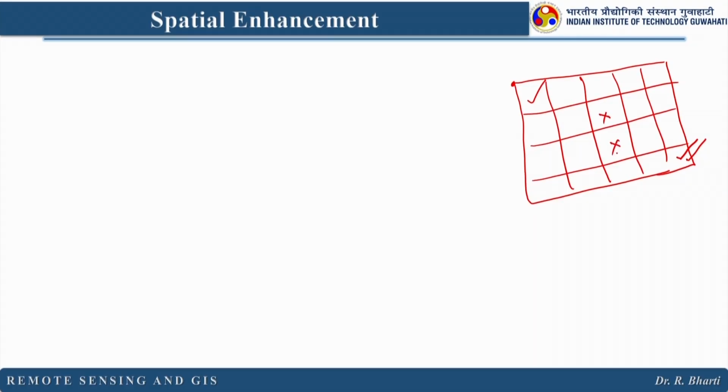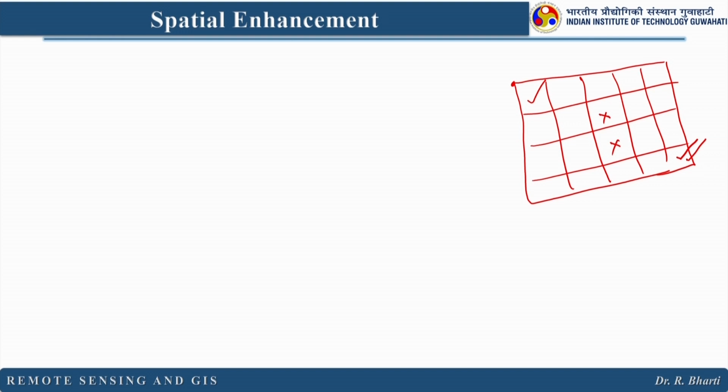So here one thing to remember is that every pixel or every digital number is having 3 values, right? One pixel is having 3 values: 2 are latitude and longitude, and another one is digital number in terms of radiance, reflectance or emittance or backscattered energy.